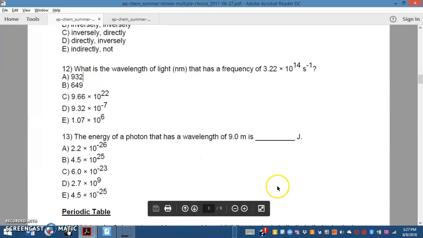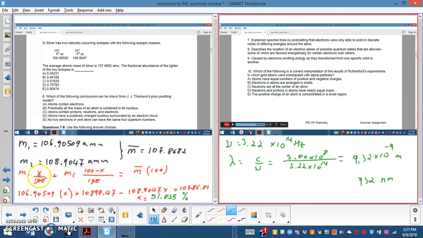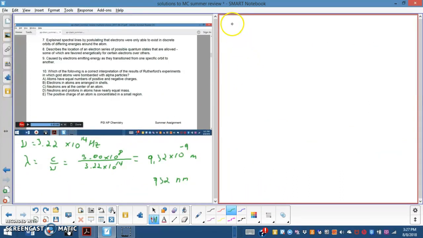The energy of a photon that has a wavelength of 9 meters is how many joules? So let's move ahead. The energy is h times nu, but you have lambda, so you have to calculate nu first.